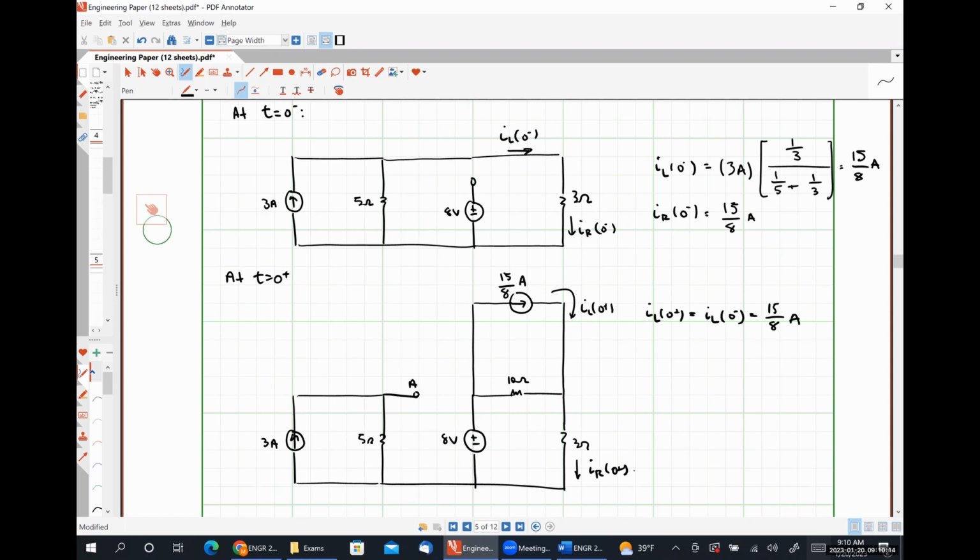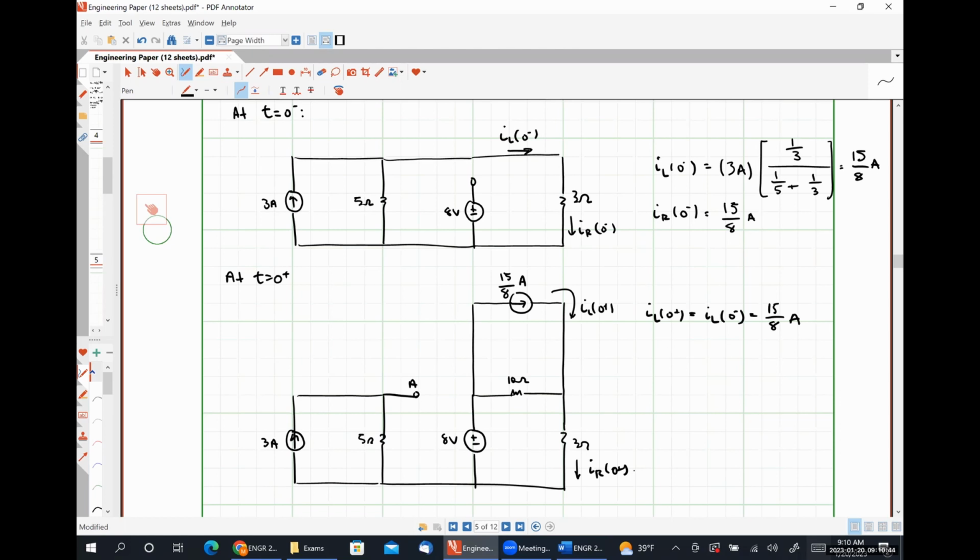So, anybody have any thoughts about it? Could you use source transformation to make it down to one voltage source and then find the current for IR like that? There are multiple different ways to do it. That is absolutely one way, a source transformation would work.